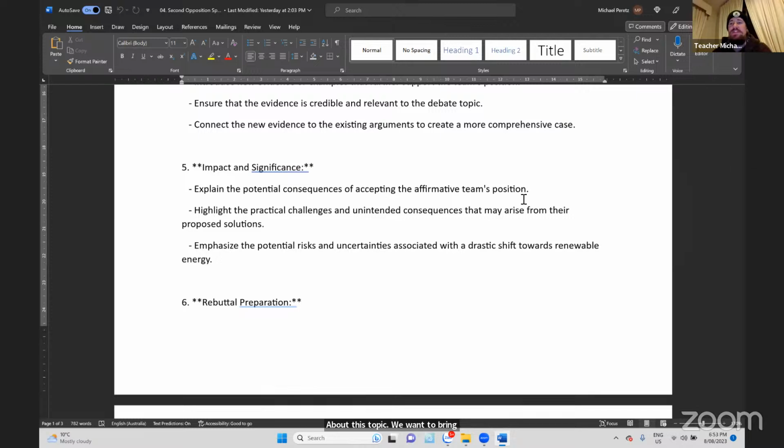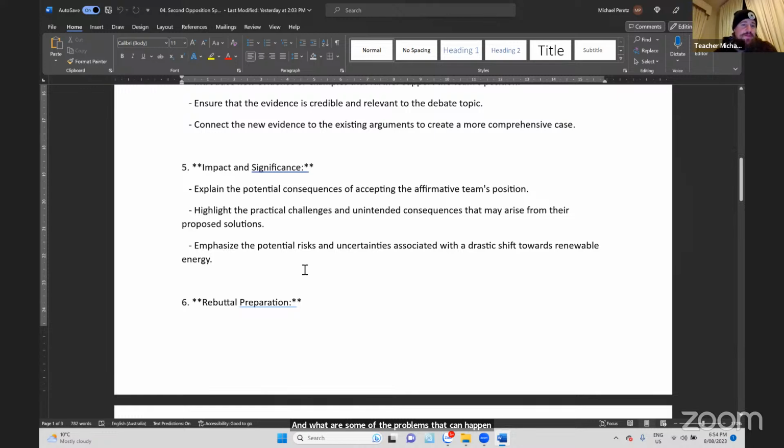We want to bring those up to make people not want to believe them. We want to bring attention to any challenges and, again, any consequences that may arise from their solutions. So what have they suggested that we do to fix this problem? And what are some of the problems that can happen because of those solutions?